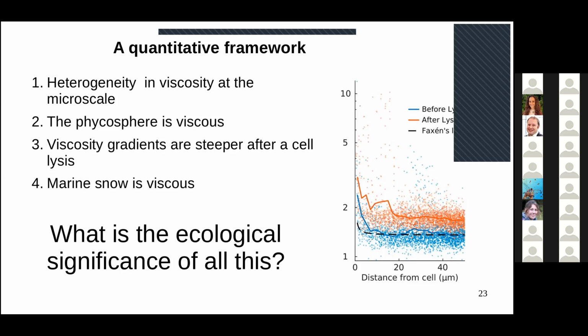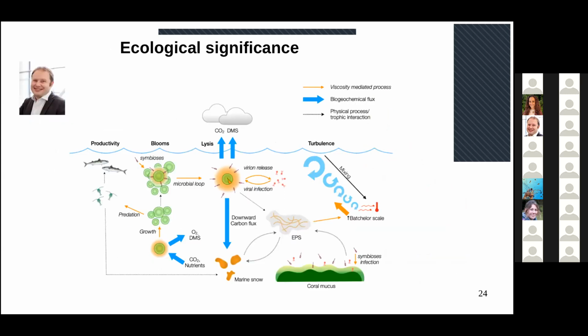But the big question, at least to me, is what is the ecological significance of this heterogeneity? And this is like opening a can of worms. There are so many different processes that can be affected by viscosity, and not just at the microscale, at all scales.